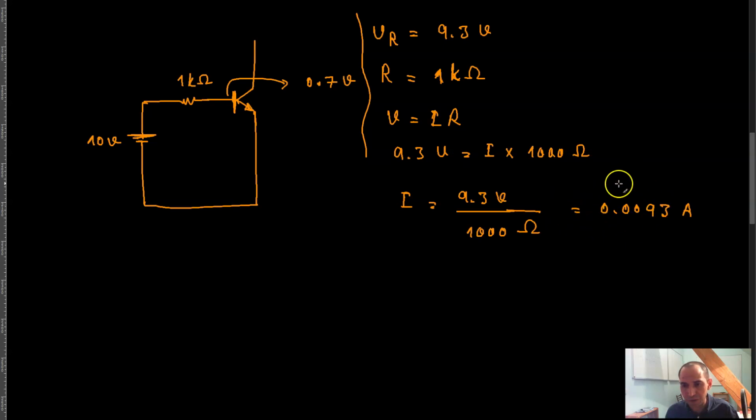Here I'm supposed to round to one significant figure, because I don't have more than one significant figure here, so I actually have to write this as 0.009 amps, right?